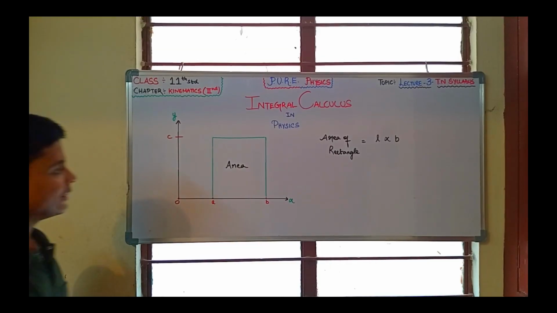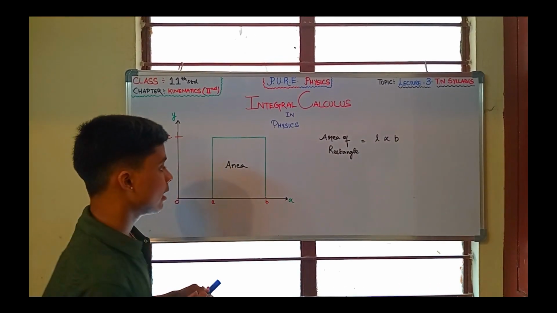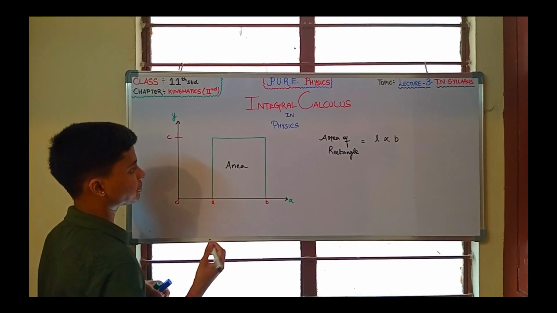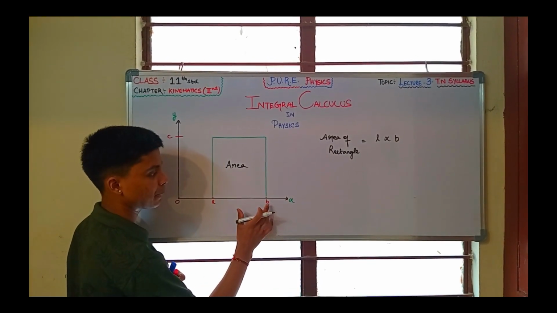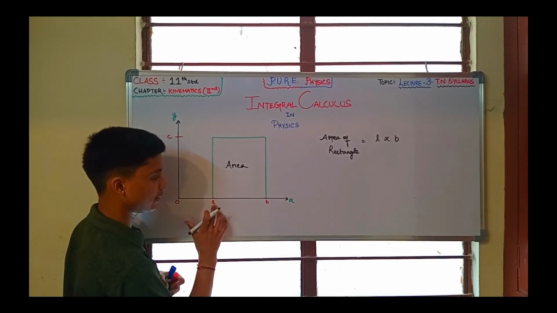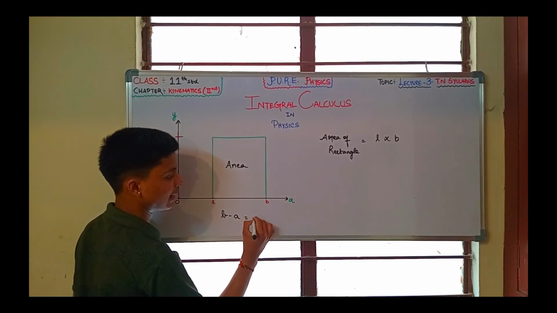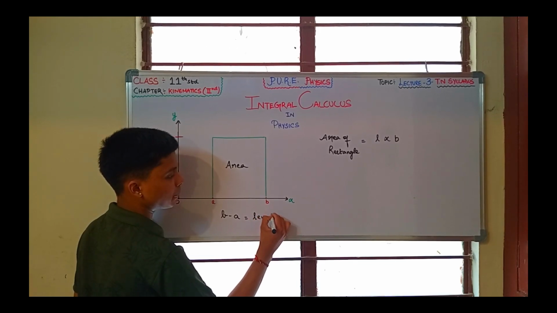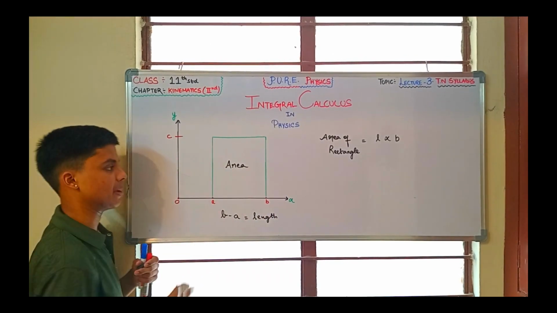Now, how to find the length and the breadth of this rectangle? To find the length, I need to subtract point A from point B. So if I do B minus A, I would get the length. And the breadth is obviously from the point of origin to point C.